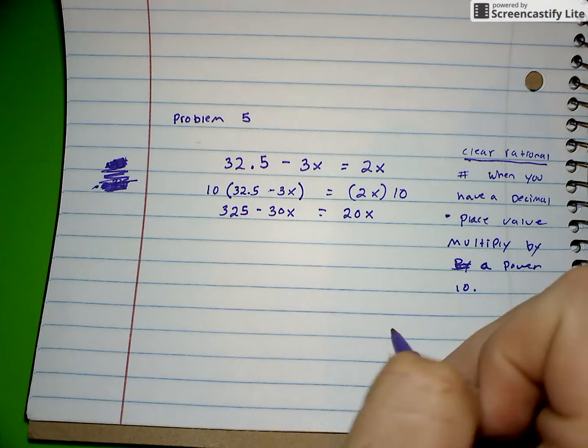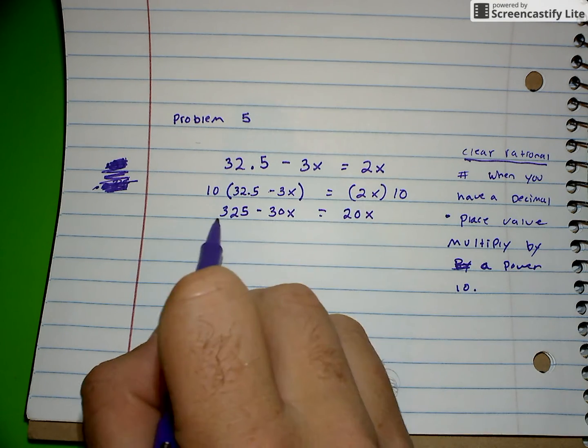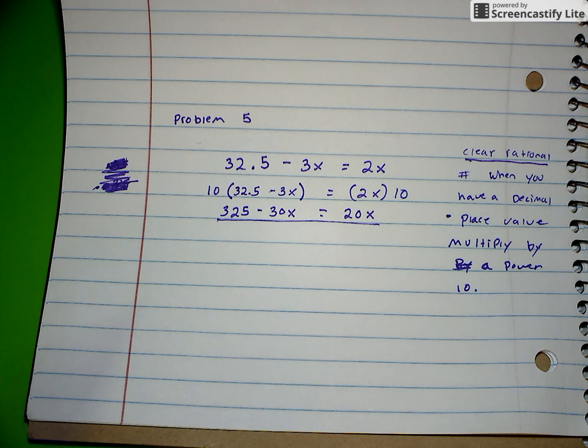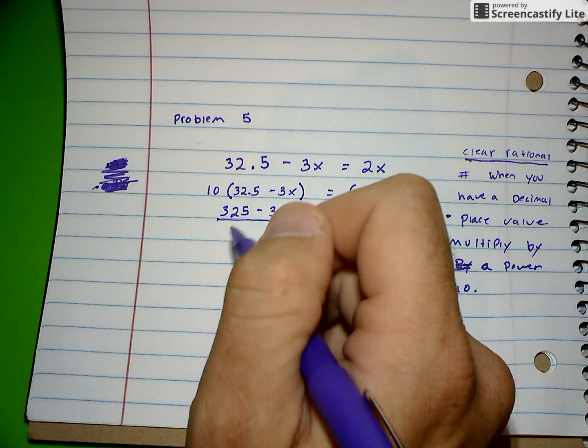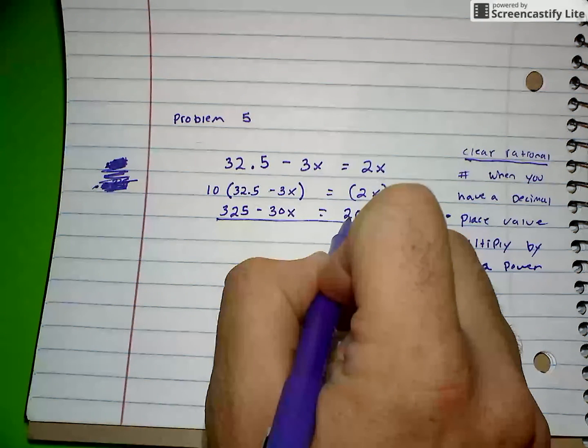Equals 2x times 10, which gives us 20x. Now, once you have this, it's no different than what we have been working on yesterday and last Friday. The first thing we're going to do is get our coefficients over to this side.